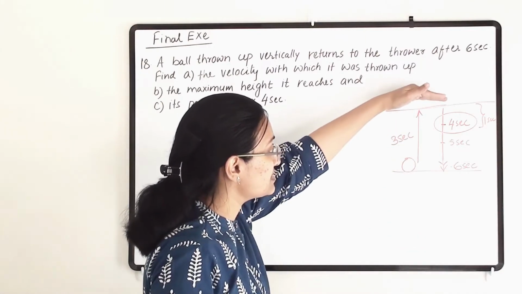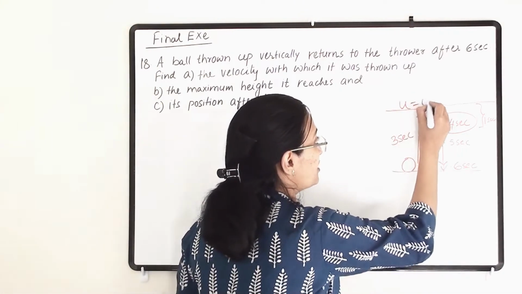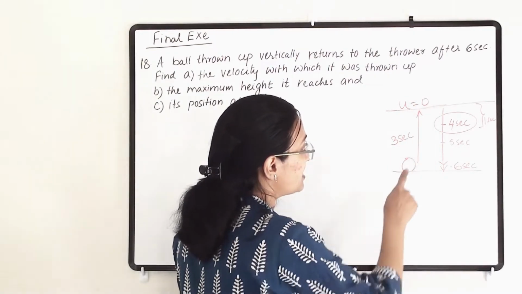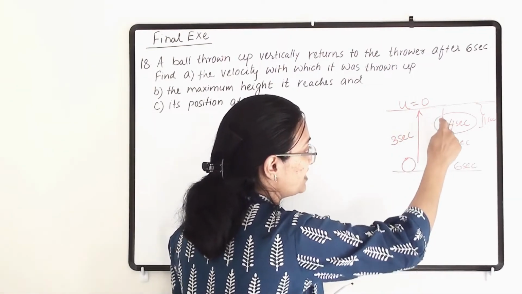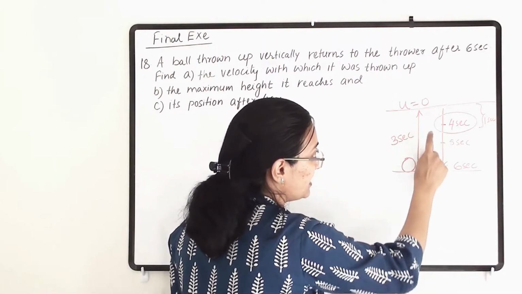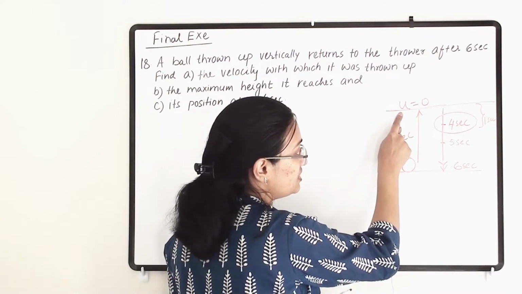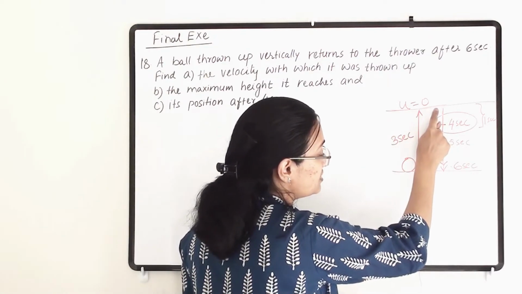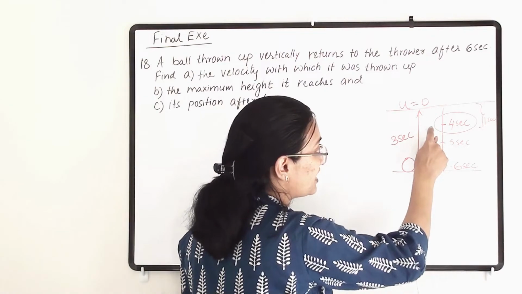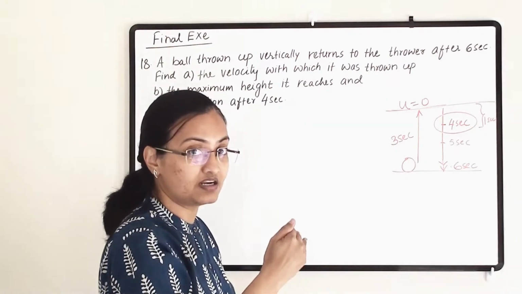But when it started coming back, its initial velocity is going to be 0, because here we are evaluating this situation when it started coming back. So for this journey, its initial velocity is going to be 0. At the 4th second it will be its first second since it has just started coming back.